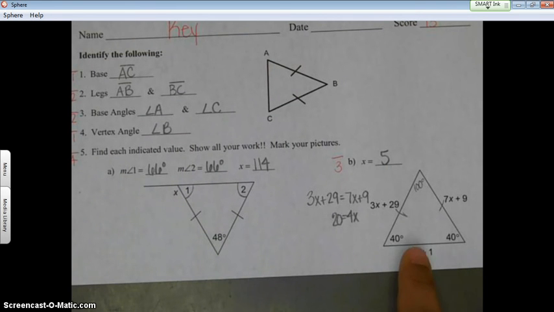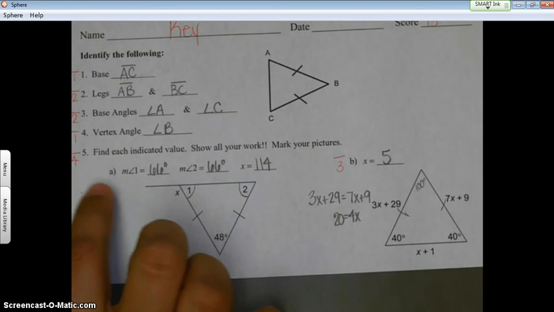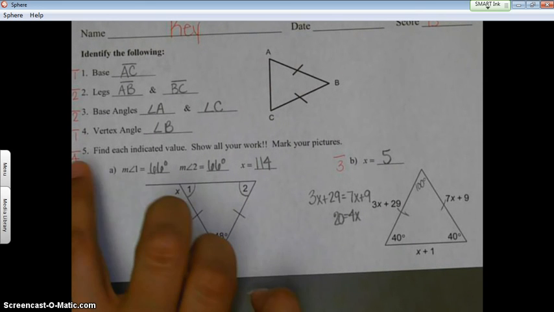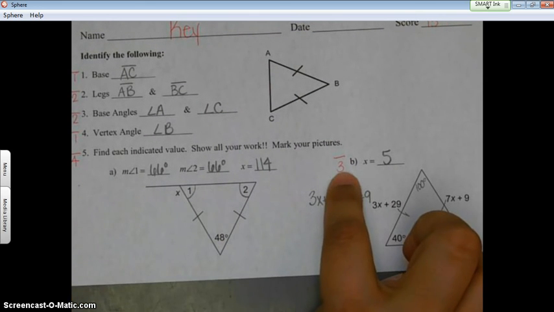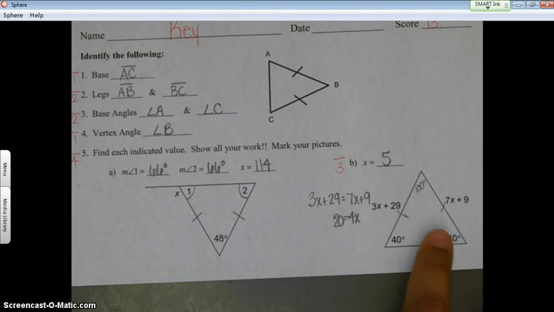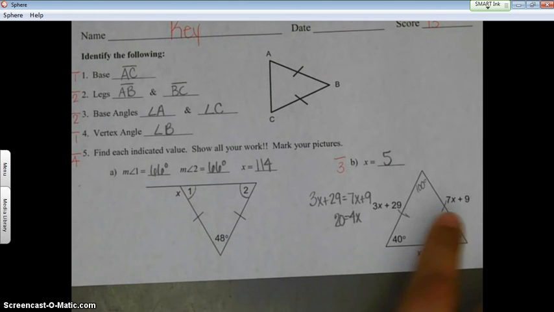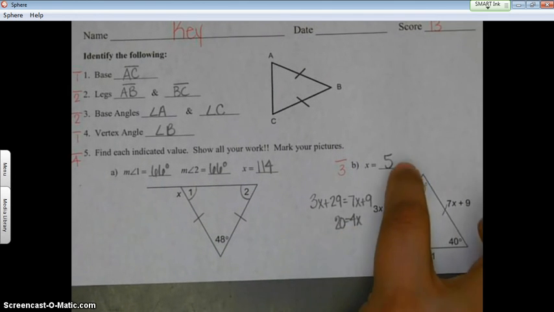And then on part B, that by itself is 3 points. So I split number 5 into 2 separate fractions. This one is the one that's out of 4, part A, and part B is out of 3. The 3 points for part B was your picture with the slashes here, setting up your equation and solving.